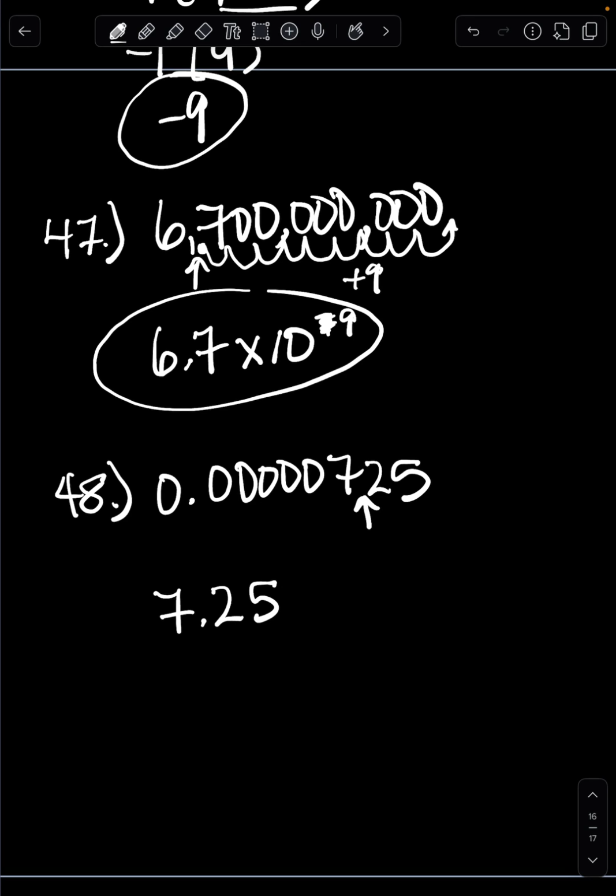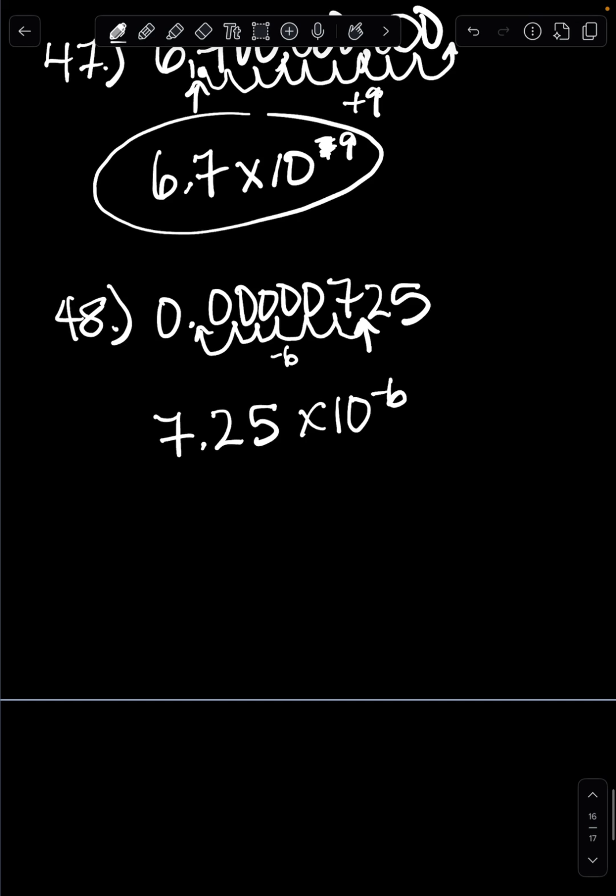This is where I want it to be. Let's see where we came from. 1, 2, 3, 4, 5, 6. 6 to the left, so negative 6. Oh my word, I keep forgetting. 51 and 52.